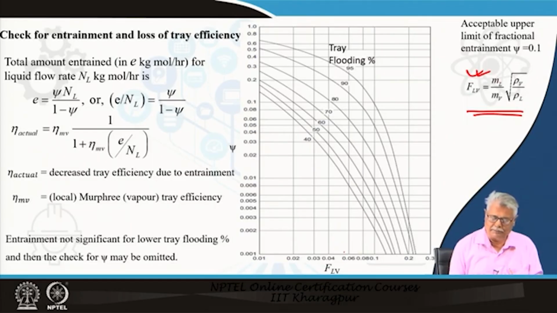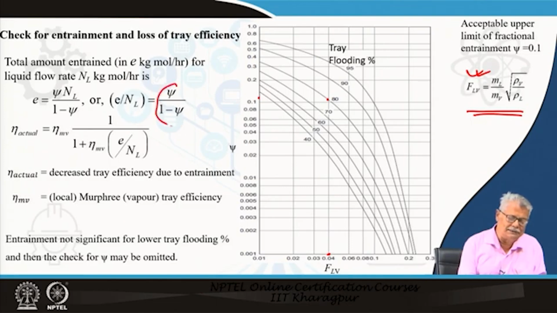If we know the x axis parameter, and we have decided on a Murphy tray efficiency for the tray to maybe 75% or rather 80%, and in case I have a FLV factor of this, the corresponding value here for my psi will be 0.12 or 0.13, something like this. That means, I know this particular expression.